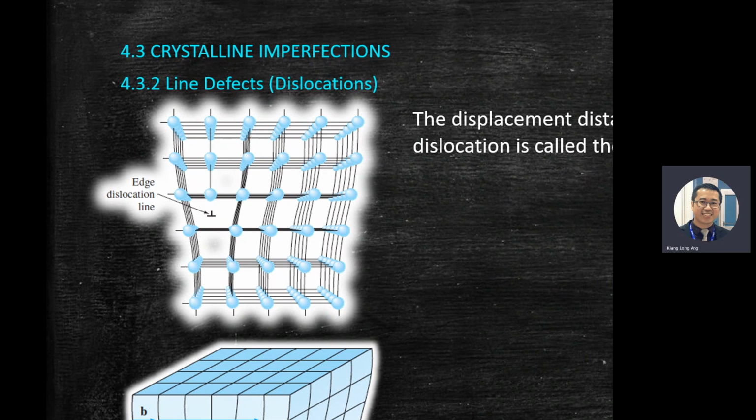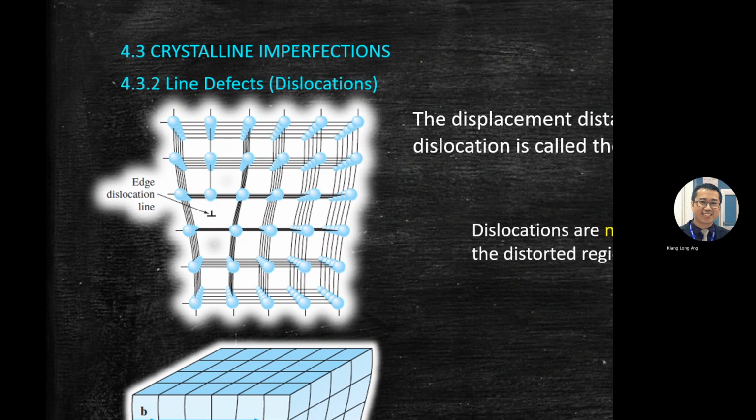So this Burgers vector is 90° to the dislocation line. It's important to know the direction. The Burgers vector only deals with edge dislocation. There are two types of line defect, edge and screw. B, the Burgers vector, deals with edge dislocation.